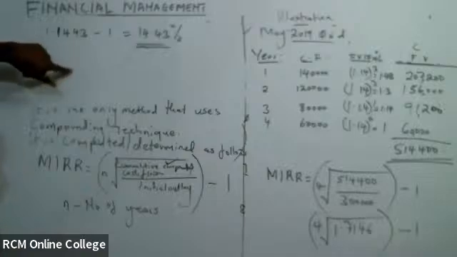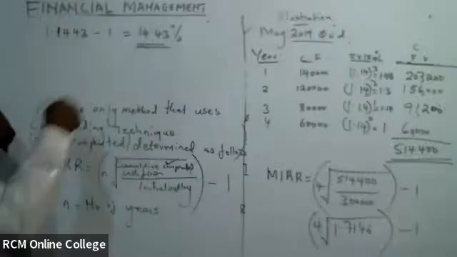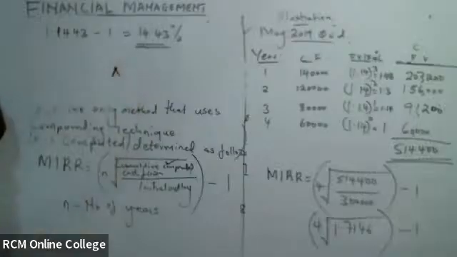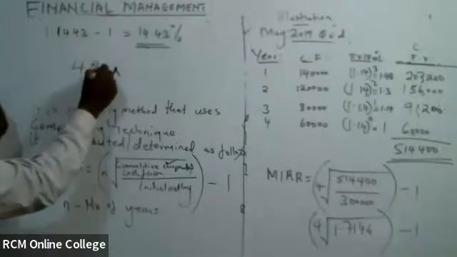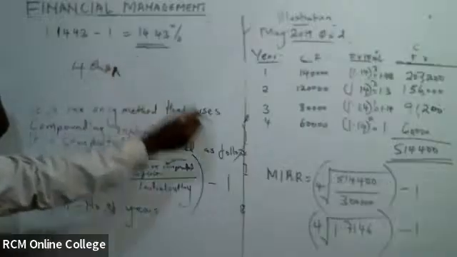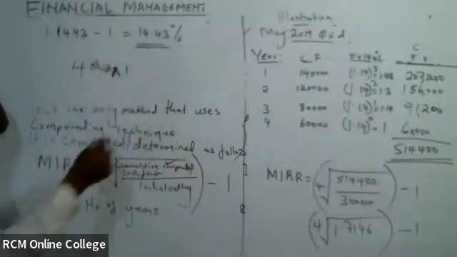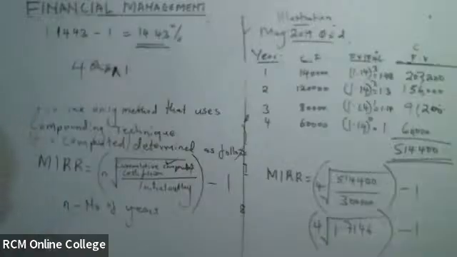You type 4, then shift, you press here, then you put the number inside. I hope everybody is able to get 14.47. Please confirm that you're able to get that.